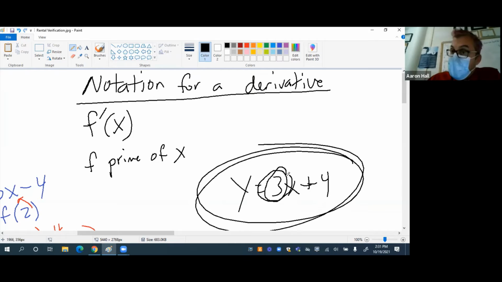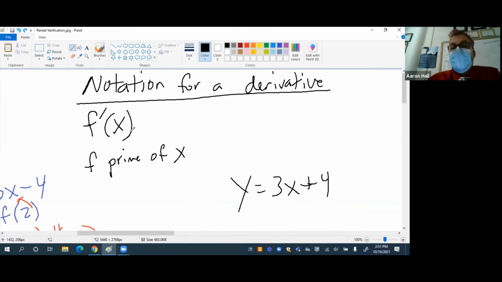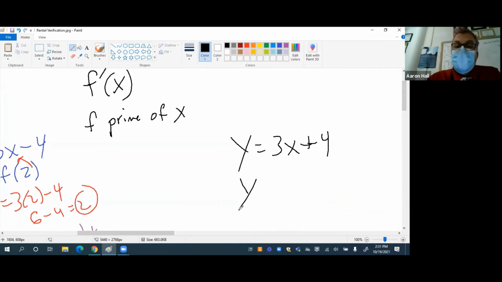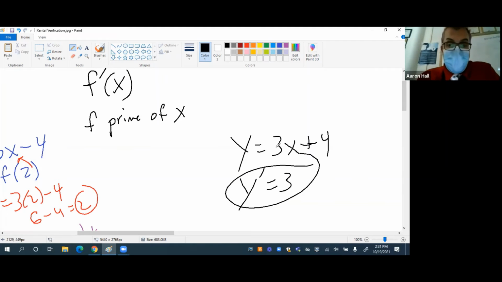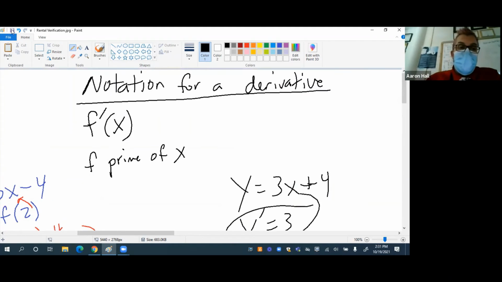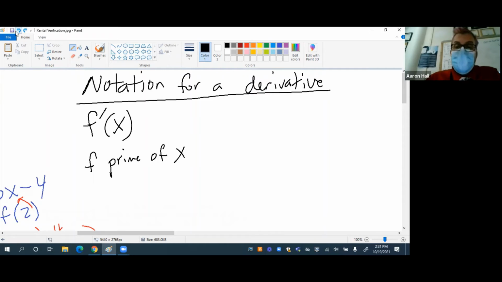So the derivative function is 3. The way that I would show the notation would be to just have y prime. That would be the equation for the derivative of y. So another way of writing the derivative function is simply to write y prime.